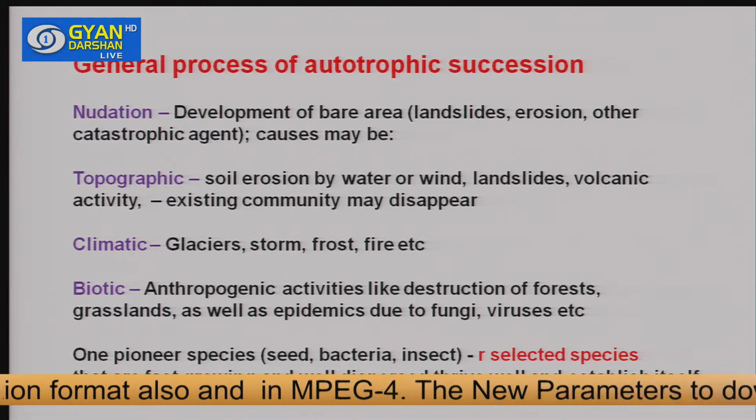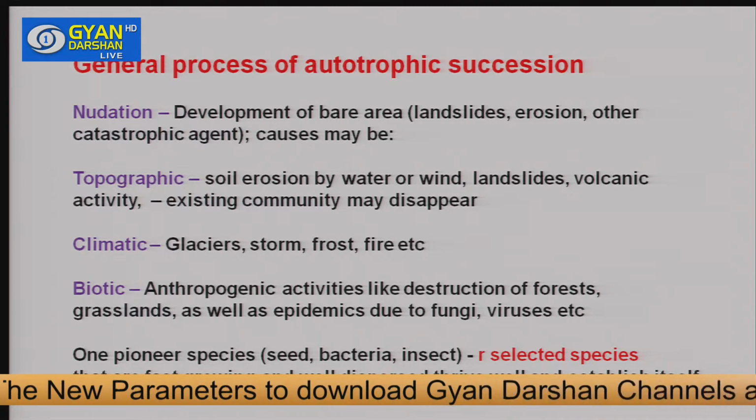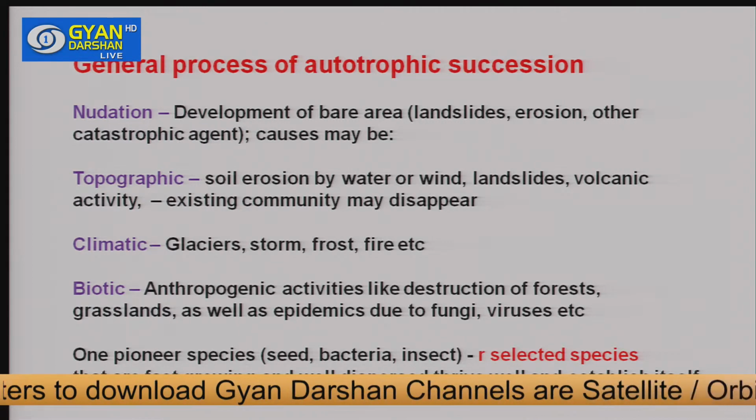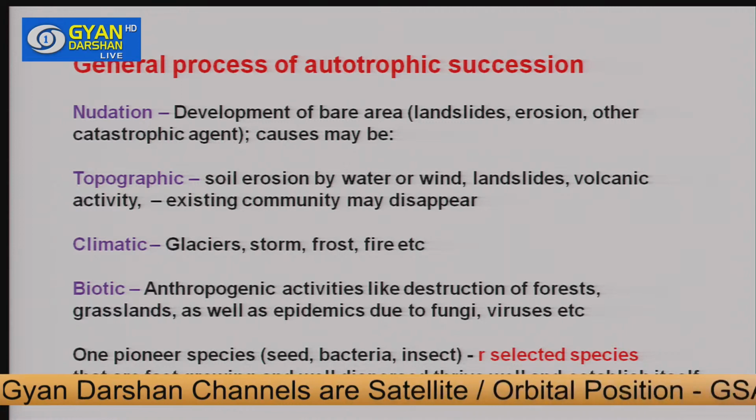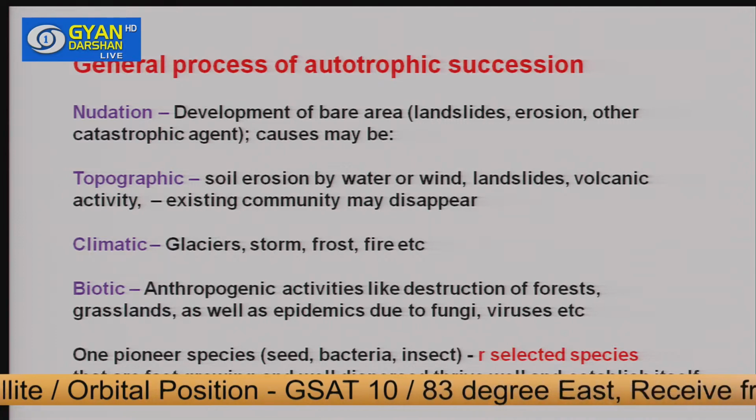Or it can be topographic, due to soil erosion, or due to climatic factors like glacier, fire, frost, or due to biotic influence like anthropogenic activities, that is, destruction of forest, grassland, etc. But you have to understand that in this bare or open area, there will be one community or one species which is very aggressive and hostile, which is able to dominate other species and able to survive under these harsh environmental conditions.